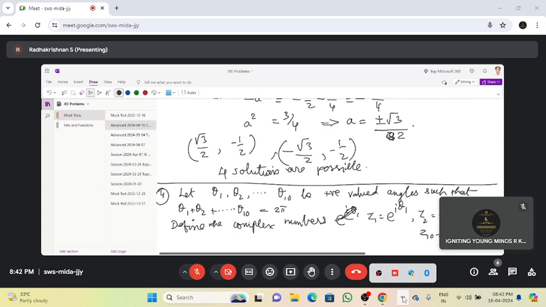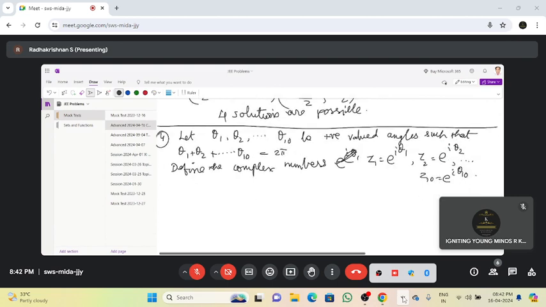Now, what are the values of these two expressions P? The statement is given like this: less than or equal to 2 pi.